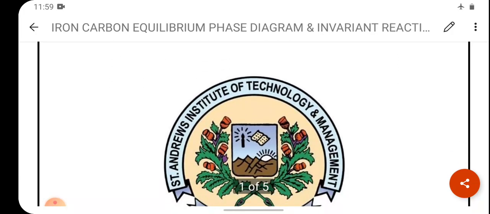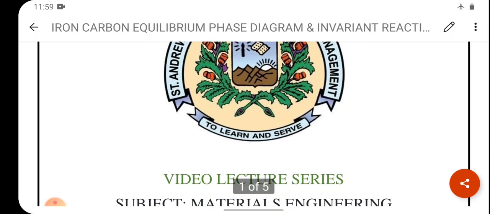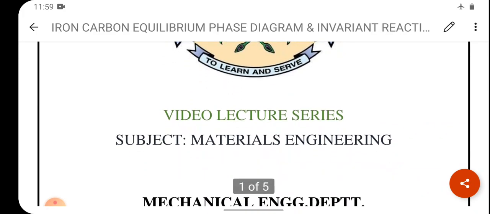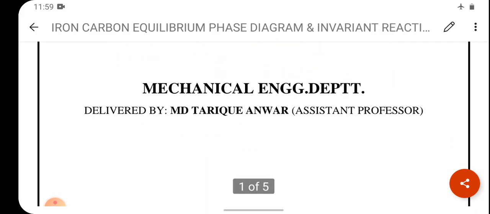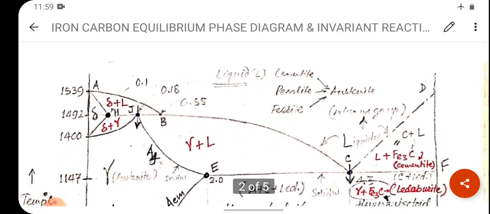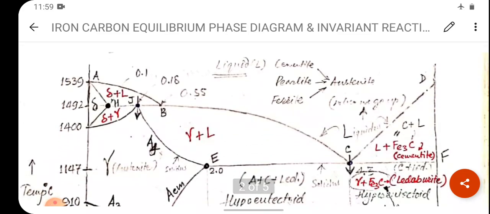So I had covered in the last topic, that is allotropy of pure iron. So today I am going to start, that is iron carbon equilibrium diagram. I'll start from iron carbon equilibrium diagram and explain each and every point, solubility, percentage of carbon in delta iron, alpha iron and gamma phase, and invariant reaction, different percentage of carbon.